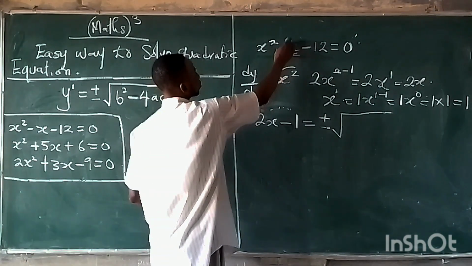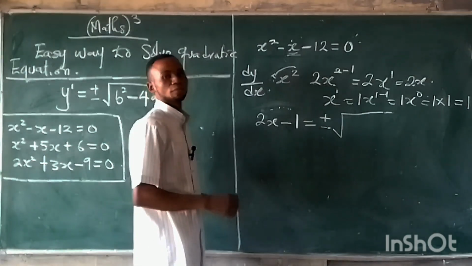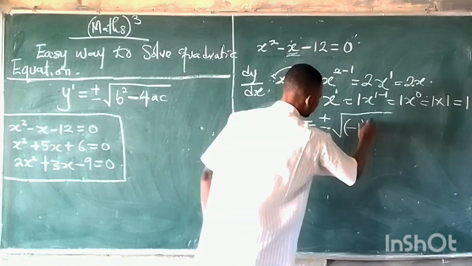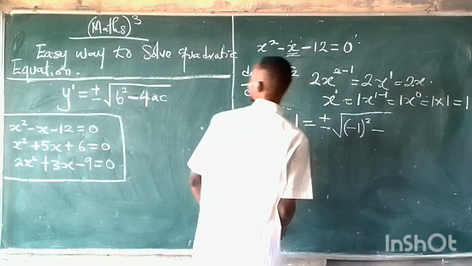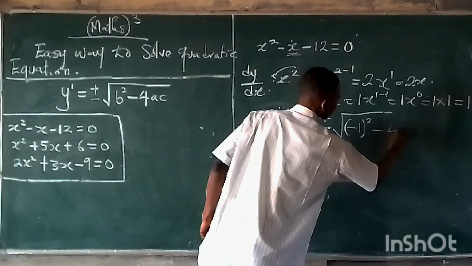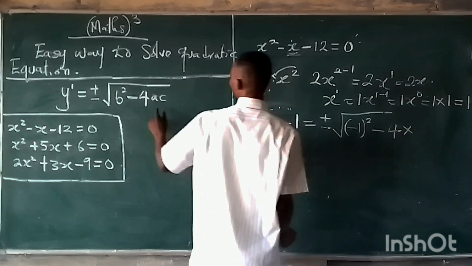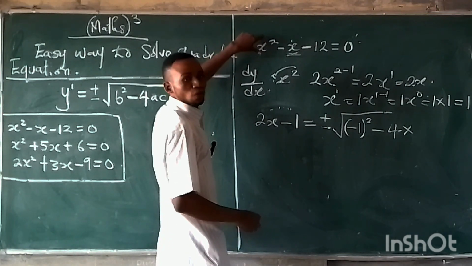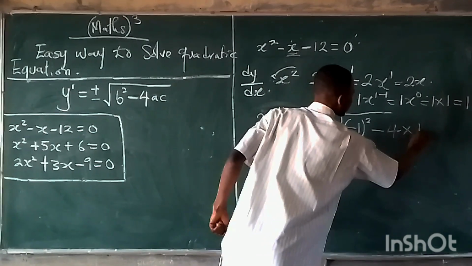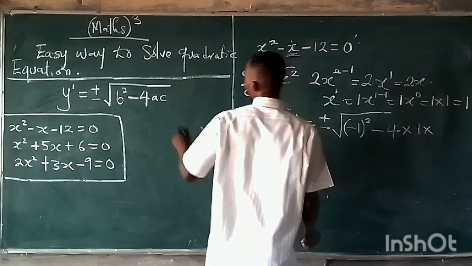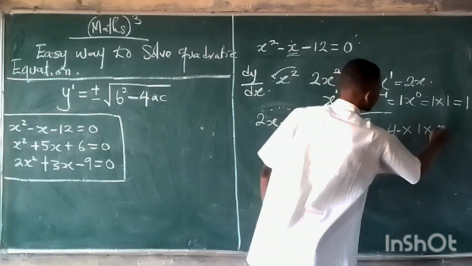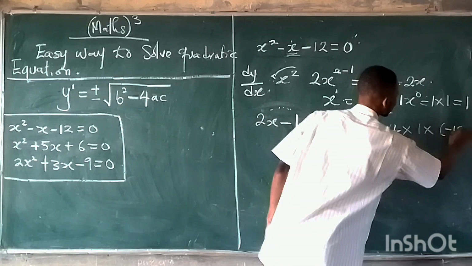And what is the coefficient of x here? It is minus 1. So we have minus 1, everything raised to power 2, minus 4 times our a, which is the leading coefficient. The leading coefficient here is 1. So you put 1 times our c, which is the constant, minus 12.